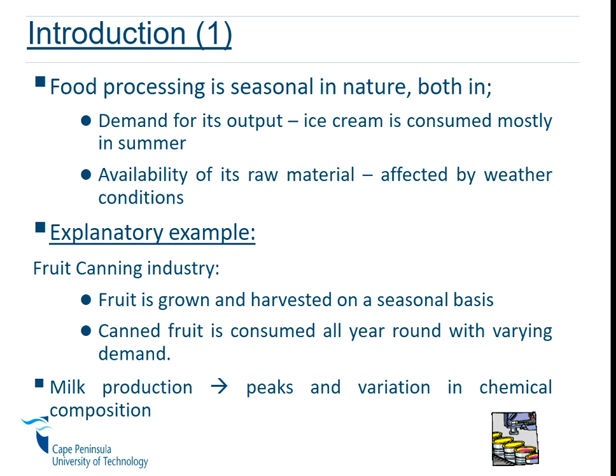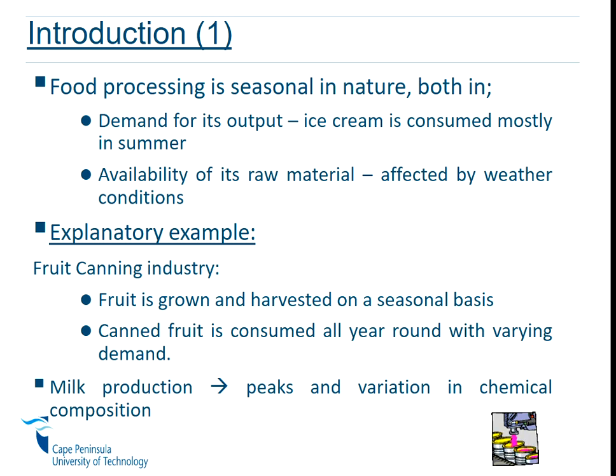So, food processing is seasonal in nature, both in terms of the demand for the products, in this case, for example, the final product, and the availability of the raw material. By demand for its output, we mean, for example, that products such as ice cream are mostly consumed in summer. So the demand for ice cream in winter is going to be less compared to summer.